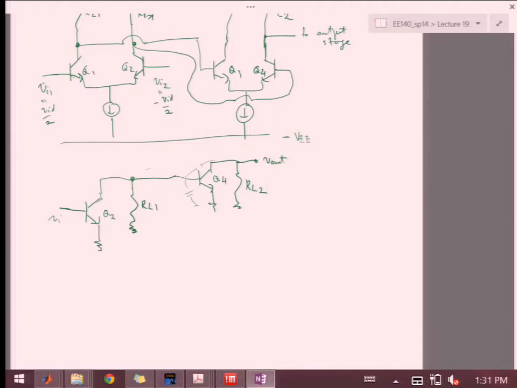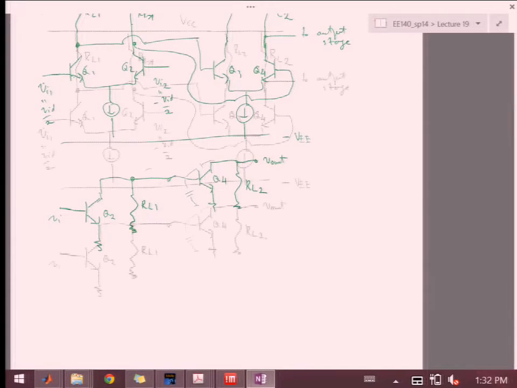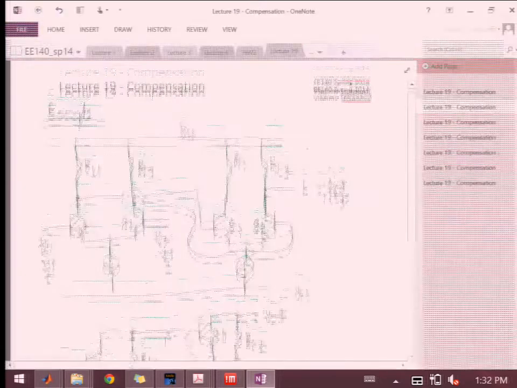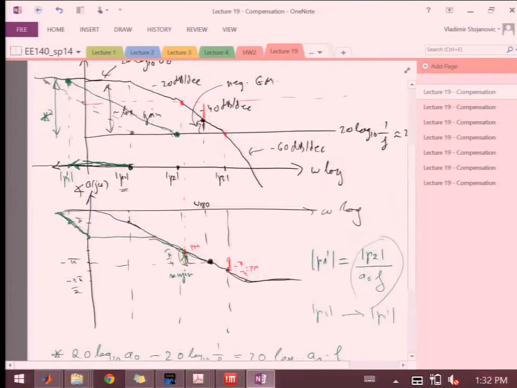So if we were to compensate this by adding more capacitance to move pole 1, we would want to do it exactly at this point, because that pole is already dominant. We just want to add a little bit more to shift that pole down to where we want. So we've identified this pole 1, and now we want to move it to P1 prime.